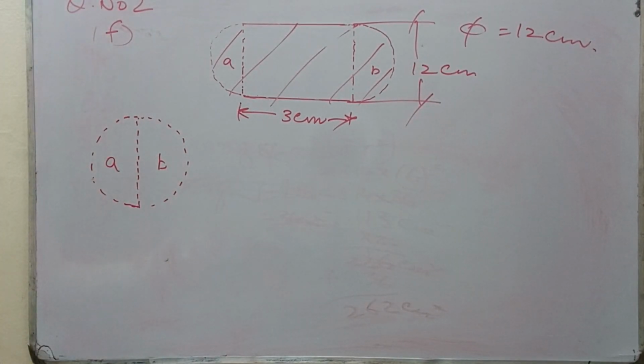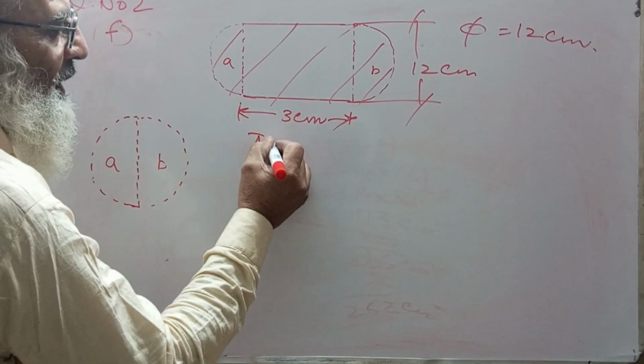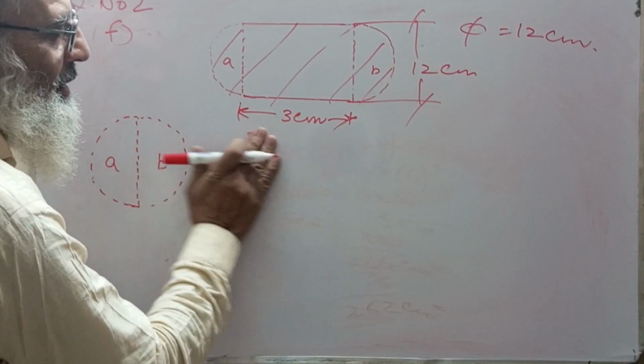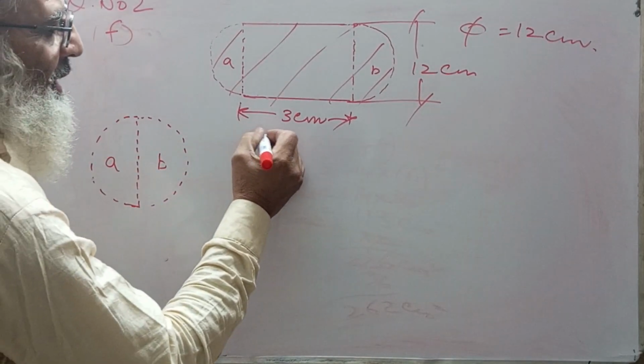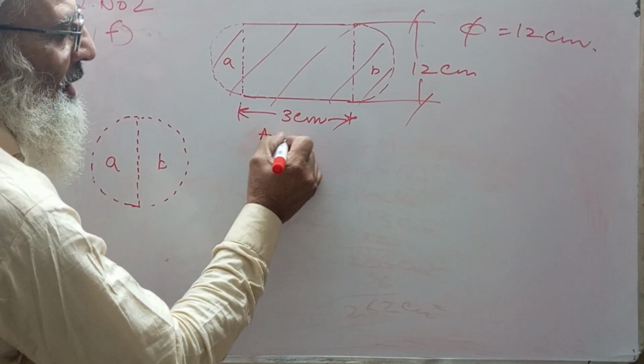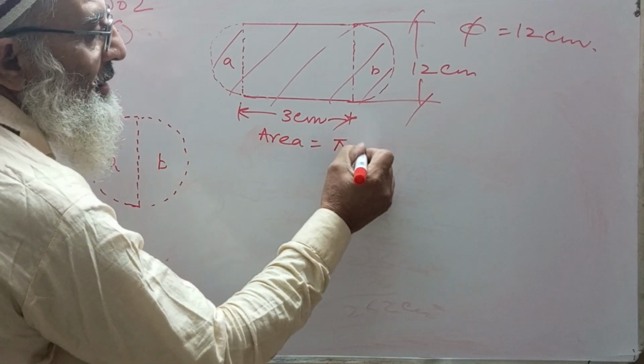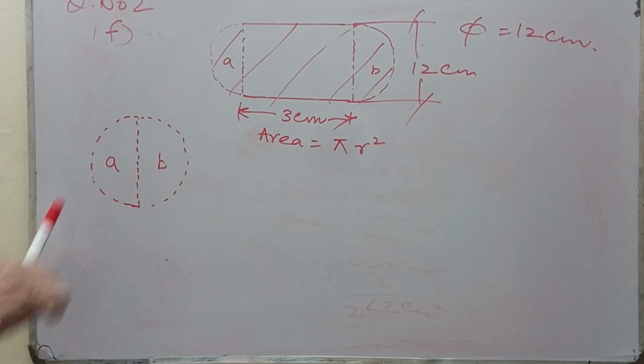In area we don't find the diameter, we find only the area. Area is equal to pi r square.